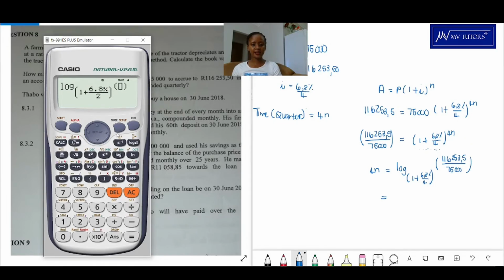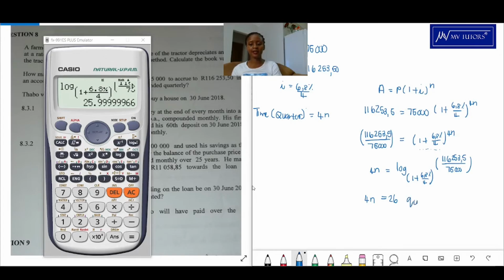And there we have 116,253.5 all over 75,000. Oh snap, I used the 2 there. It's supposed to be 4. Now we have 25.99999, so we're just going to round it up to 26. So we have 26 quarters.